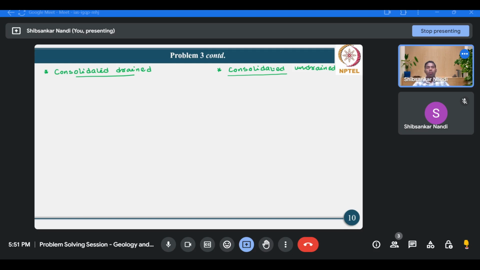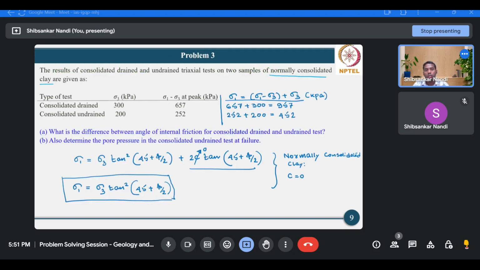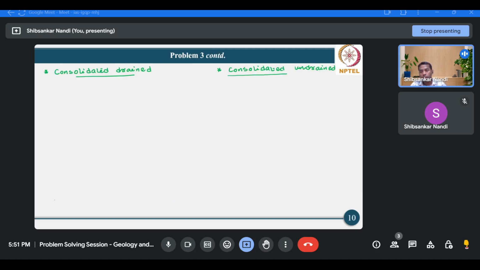Okay, so that's why in the second test we will have the generation of excess pore water pressure, and that we have to calculate at the state of failure as asked in the second part of this problem.